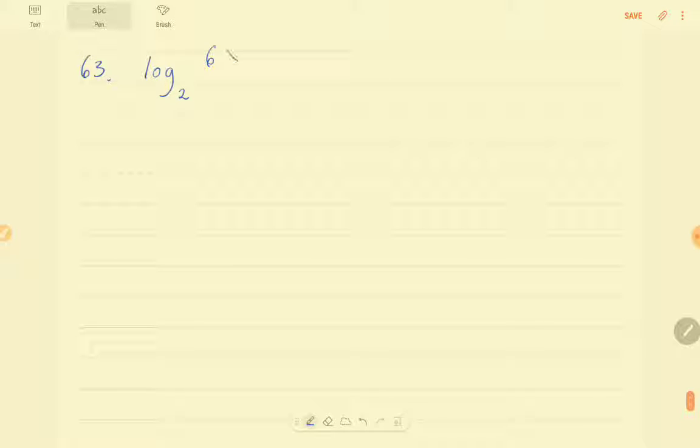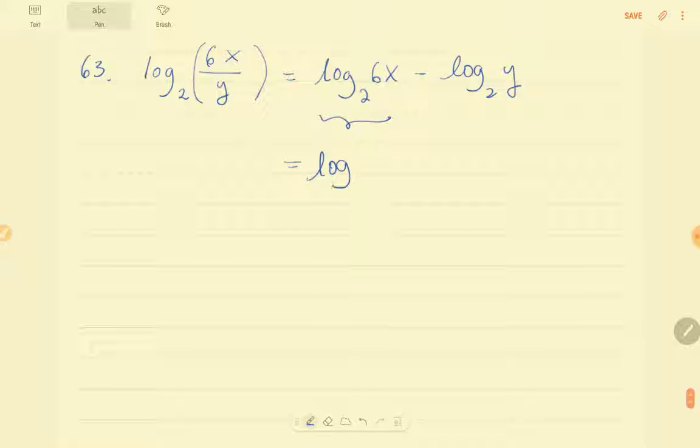Number 63 from the back of the book, log base 2 of 6x over y, so that's my argument right there, is log base 2 of 6x minus log base 2 of y. And this one can be rewritten as log base 2 of 6 plus log base 2 of x, and then bring down the minus log base 2 of y.